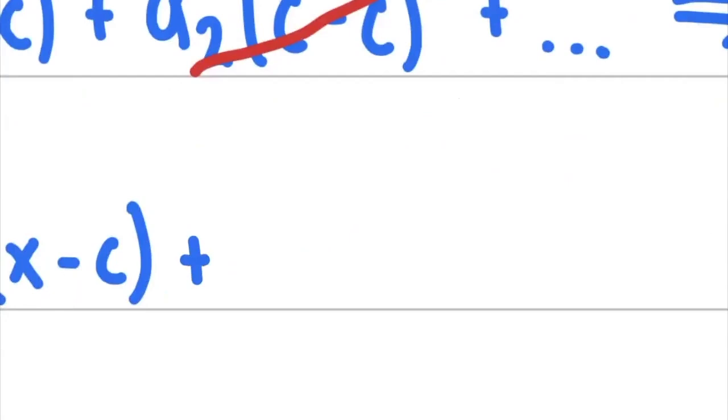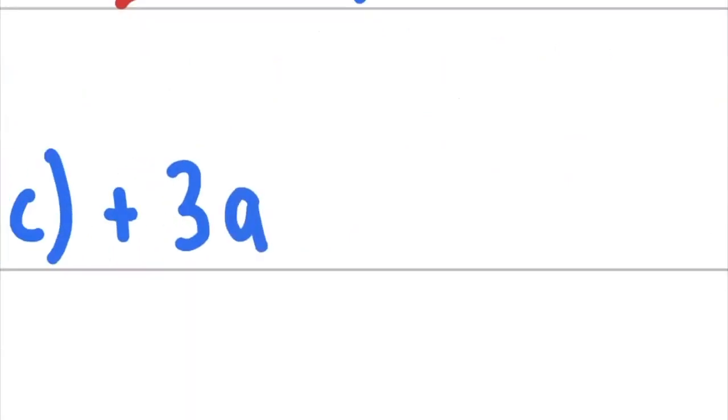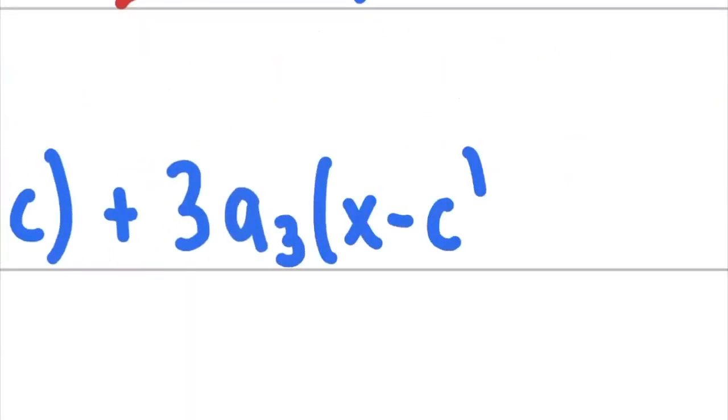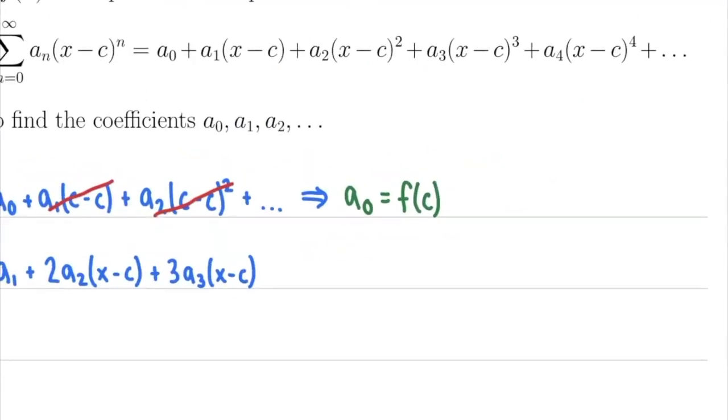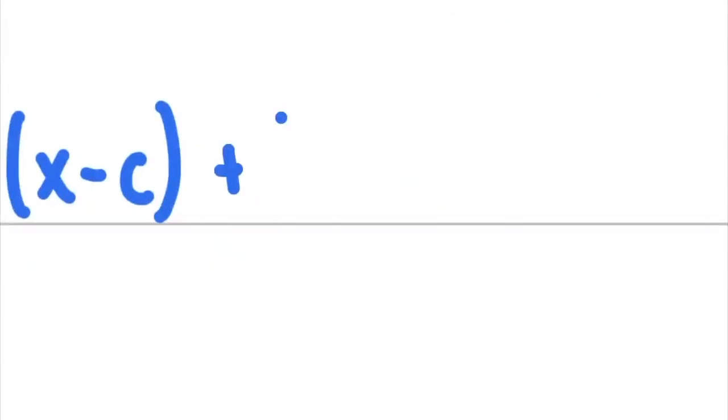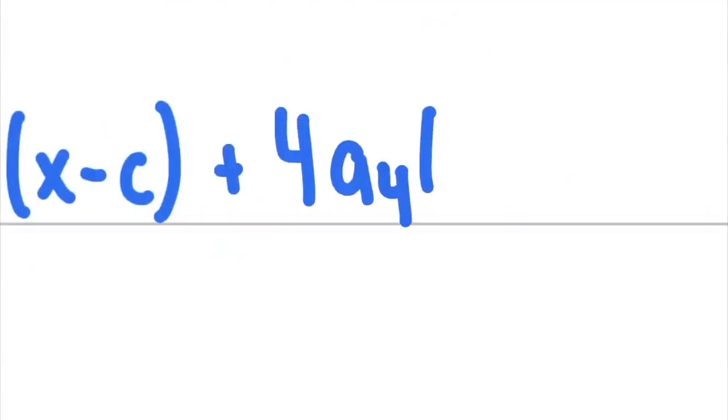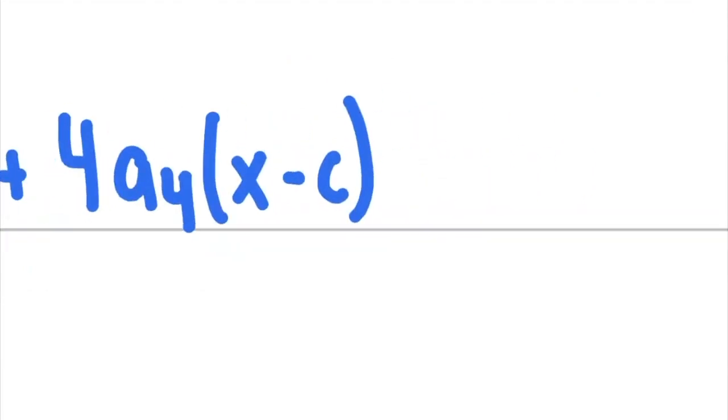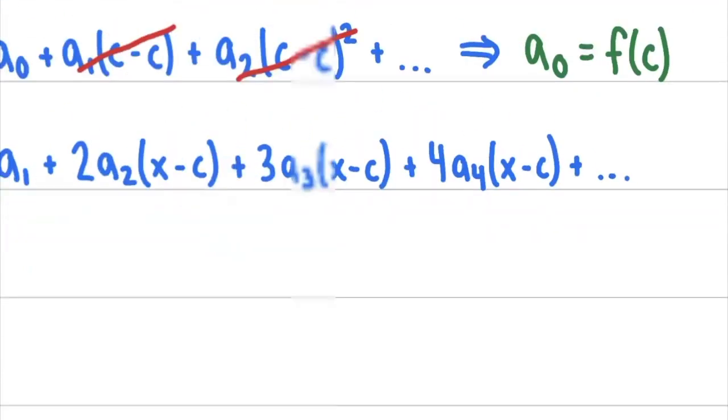The next one becomes 3 a3 times x minus c. Using the power rule again, that 3 will move out to the front, and then plus 4 a4 times x minus c, and so on.